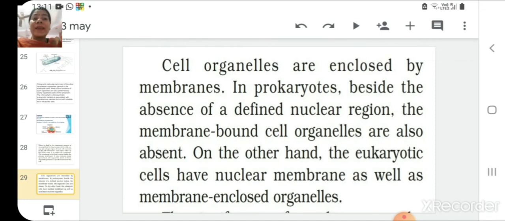Cell organelles are enclosed by membranes. In prokaryotes, besides the absence of a defined nuclear region, the membrane-bound organelles are also absent. On the other hand, in eukaryotic cells, nuclear membrane is very well defined and well developed, and other membrane-bound organelles are also present in their cell.